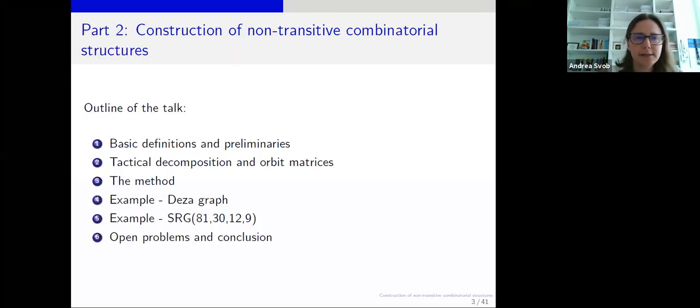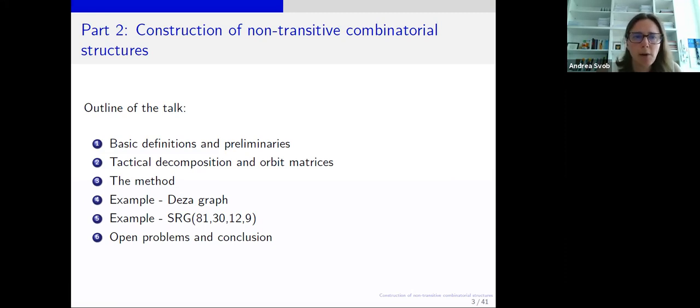Okay, so here is the outline of my talk. First of all, I will give you some basic definitions and preliminaries. Actually, I will just quickly remind you about basic things that we will need. Then in the second part, I will speak about tactical decomposition and orbit matrices, which is actually the method for constructing non-transitive combinatorial structures.